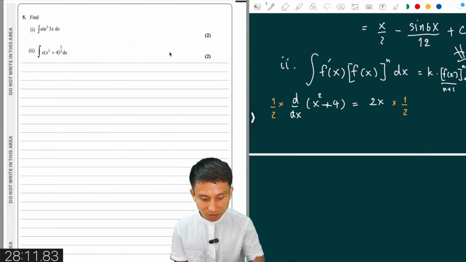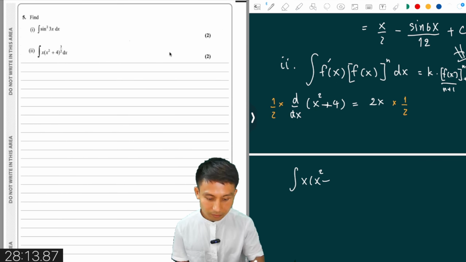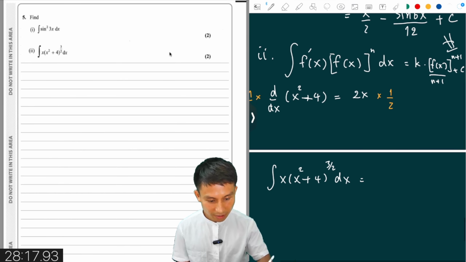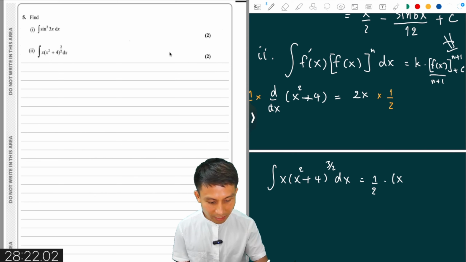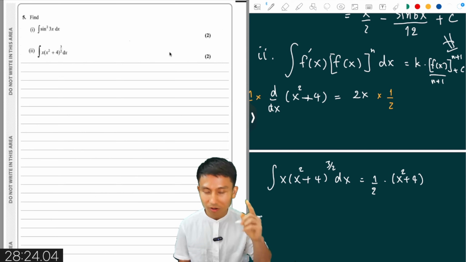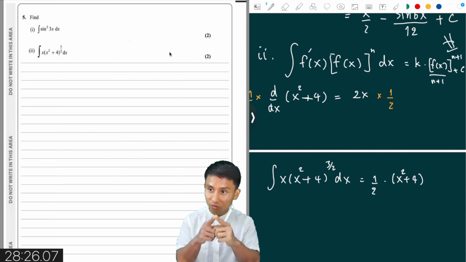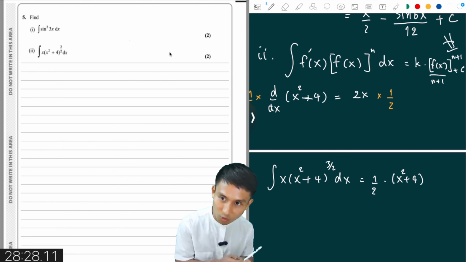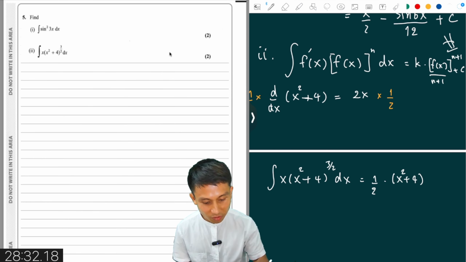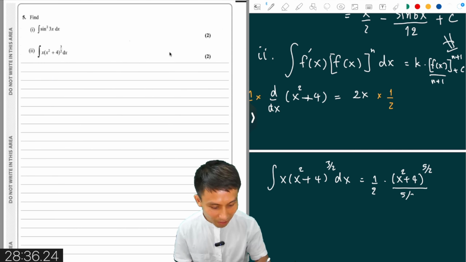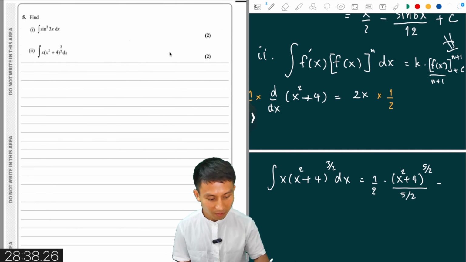That means this whole thing will be the correction factor k times the inner function, now to the power of n, which is 3 over 2 plus 1. It's just like a power rule here. So 3 over 2 plus 1 is just 5 over 2. You have to divide by that added power as well here, and plus c.